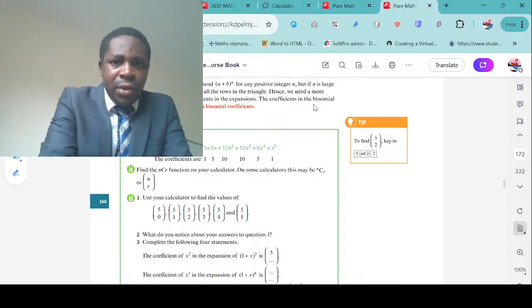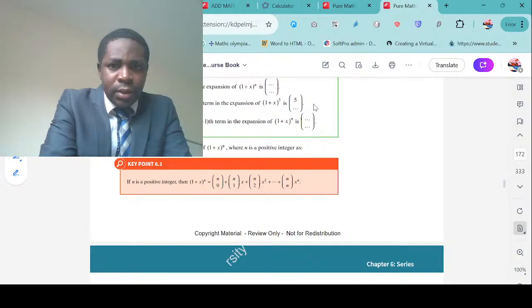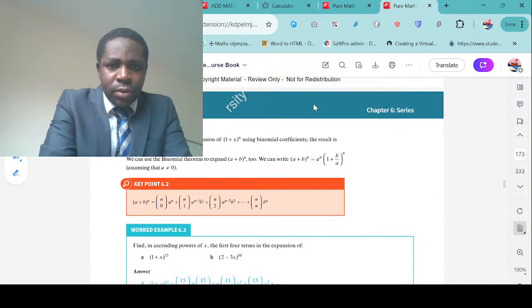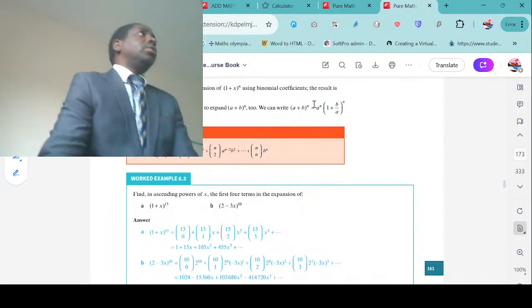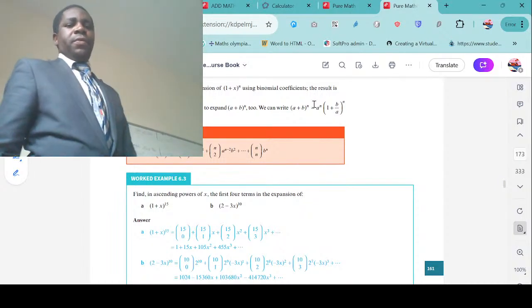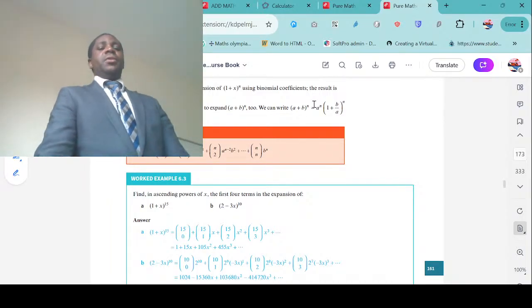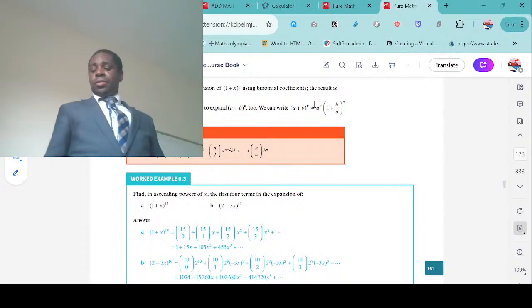So what if you are asked to find, in ascending powers of x, the first four terms in the expansion of 1 plus x raised to the power 15? How are you going to do that?